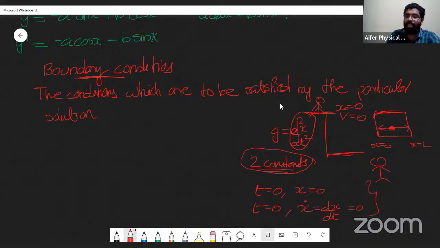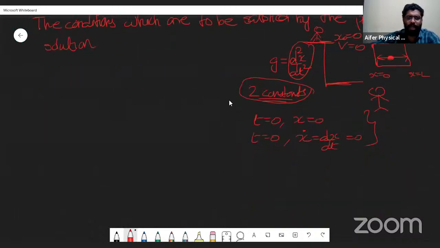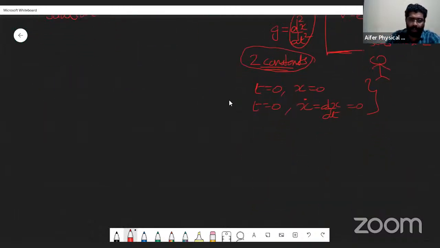These 2 conditions together will give you the constant values. These are the boundary conditions, the conditions which are satisfied by the particular solution. Once we substitute these conditions into the general solution, we will get the values of the constants. So we will discuss one problem, then you will get the complete idea about boundary conditions.